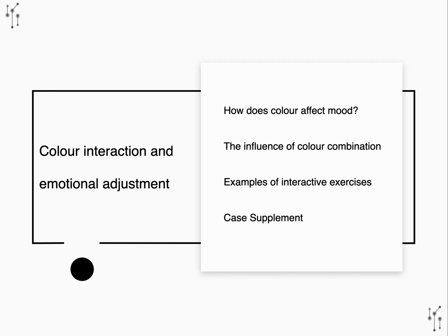Some natural colors, such as white, gray, and beige, are often used to help patients feel safe and are suitable for the beginning of creation. The combination of different colors has a synergistic effect in mood regulation.